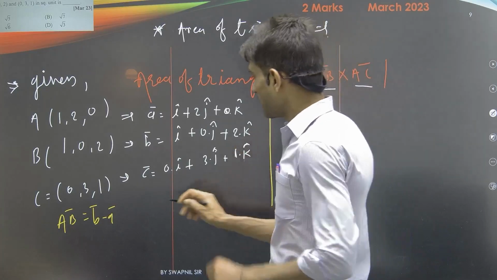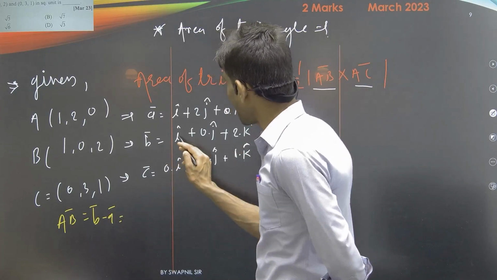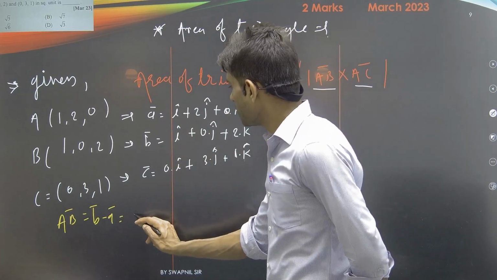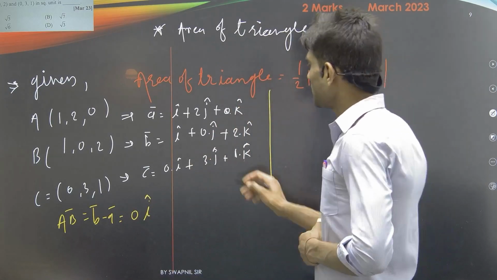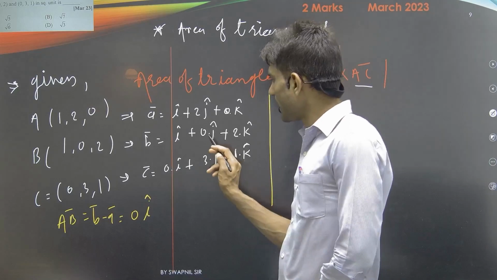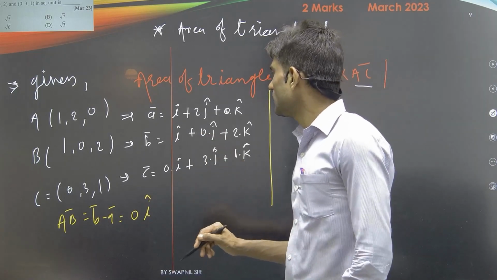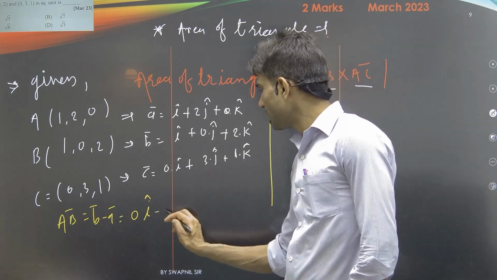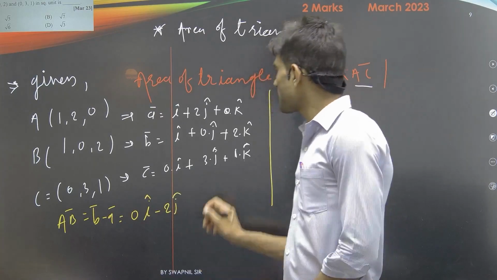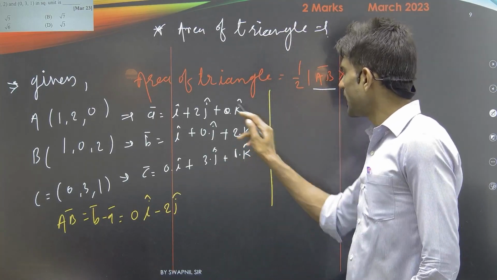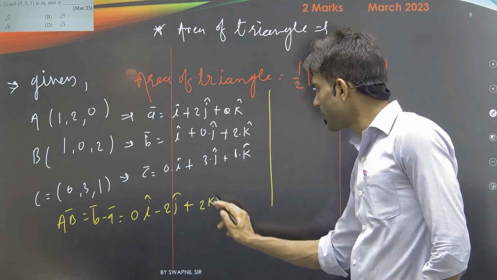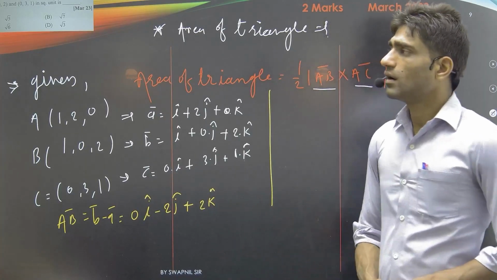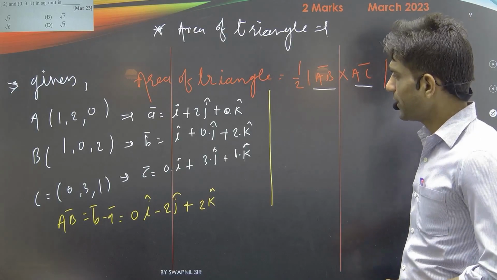That means i cap minus i cap, which gives us 0 times i cap; plus 0 times j cap minus 2 times j cap, which gives us minus 2 times j cap; plus 2 times k cap minus 0 times k cap, which gives us plus 2 times k cap. This is the vector AB bar.